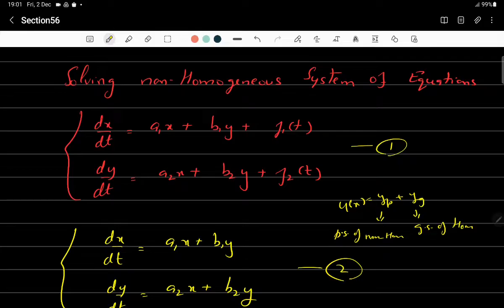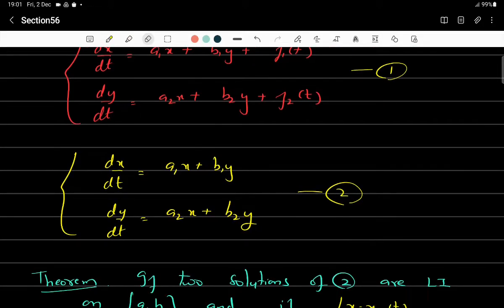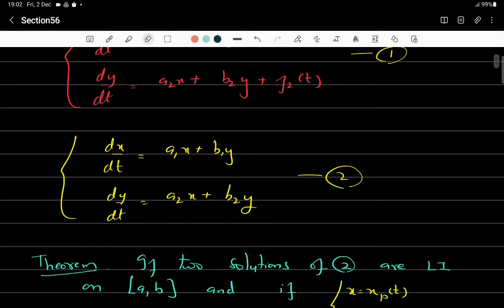The same thing we are going to do here to compute the general solution of a non-homogeneous system of equations. We will compute the general solution of the homogeneous part, so equation 2 represents the homogeneous part, and we will find a particular solution of the non-homogeneous equation, which is equation 1, and add them. That gives us the general solution of the non-homogeneous linear system of equations.